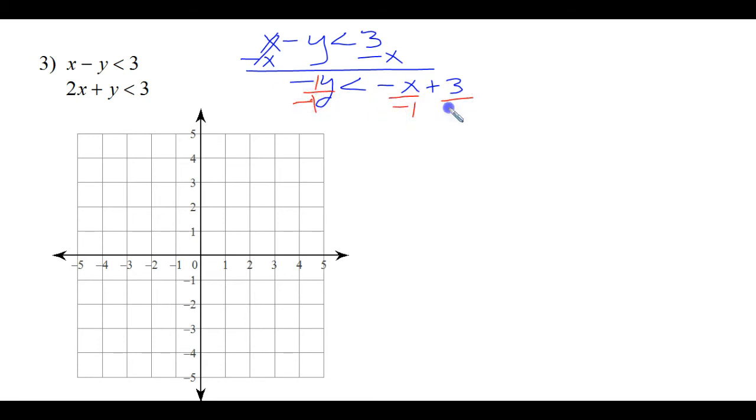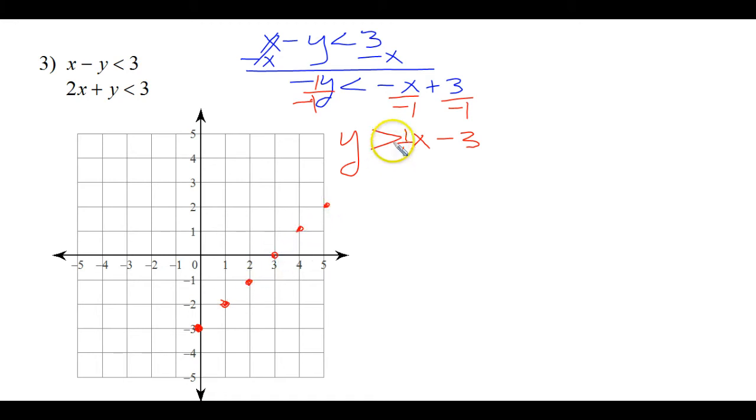Here's that thing you have to watch out for. If you divide by a negative number, you need to flip that symbol. So now I have a greater than. So then I would have +x and -3. So when I go to graph this one, first dot on -3, +x, which means 1x over 1. So up 1 over 1, up 1 over 1, up 1 over 1.